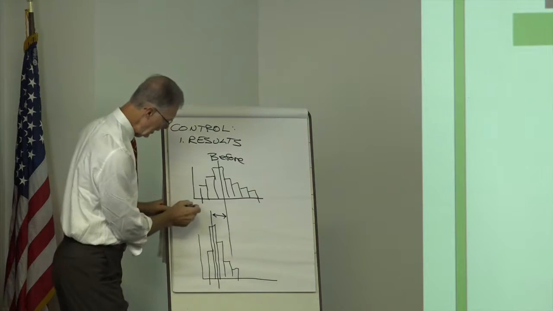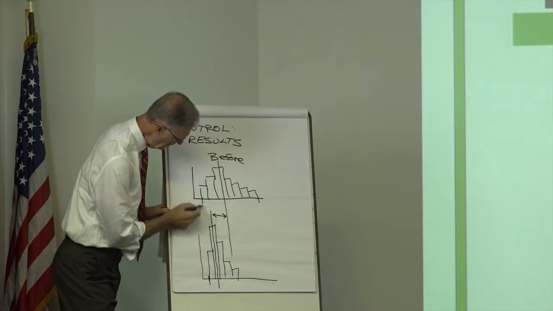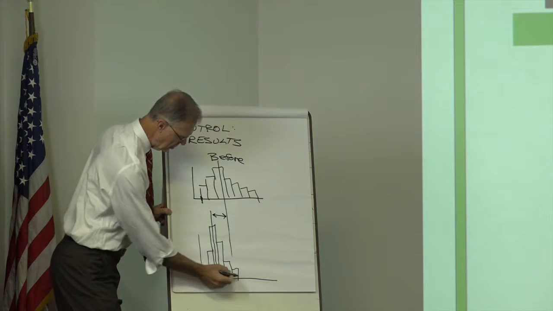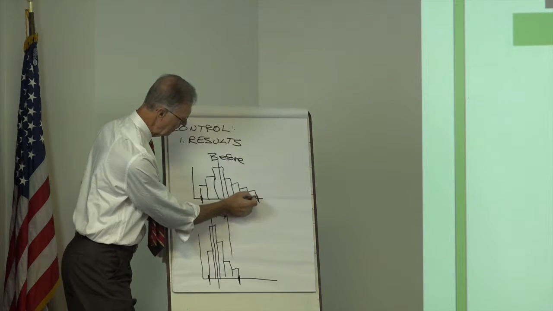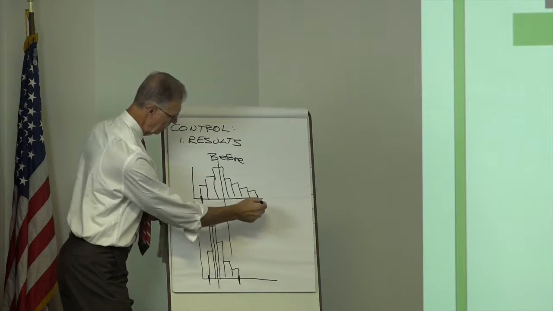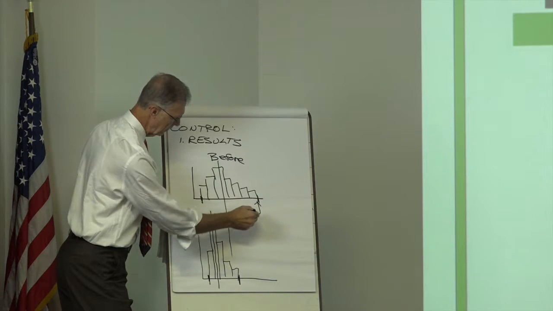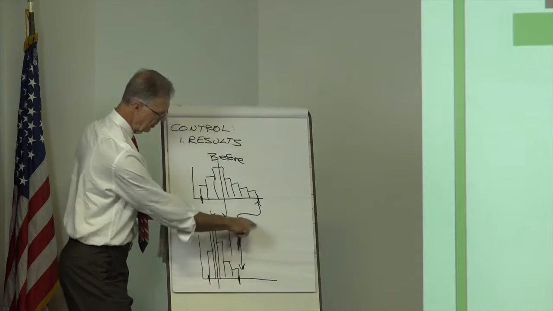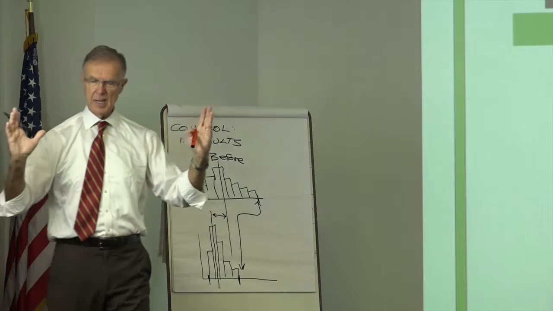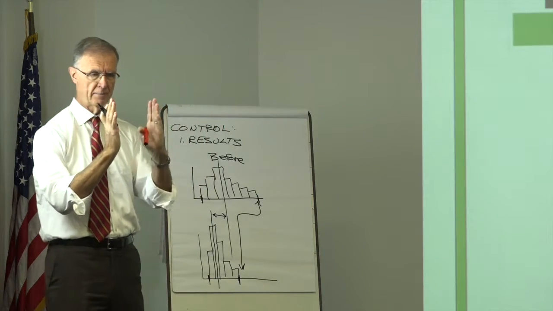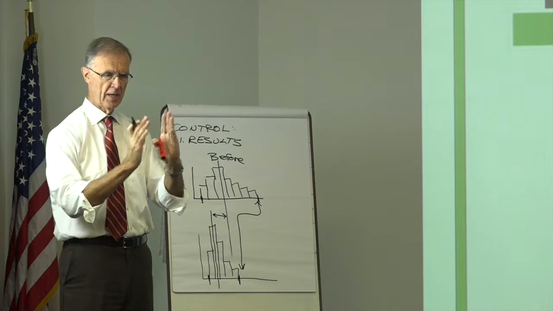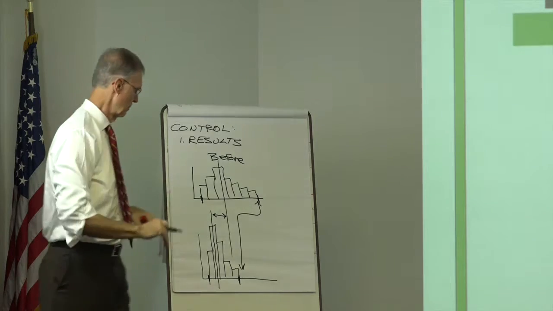The other thing we see is, here's the range before and after. And you can see that the histogram actually kind of got squished up, right? And as we squished it up, the bars got taller.